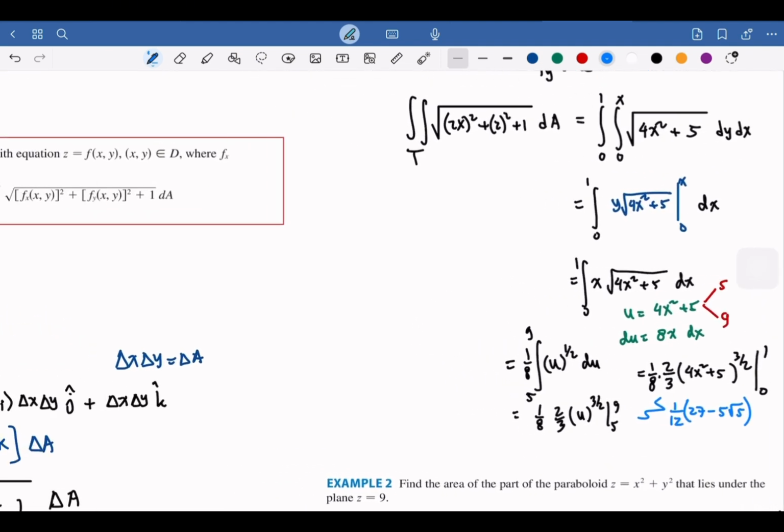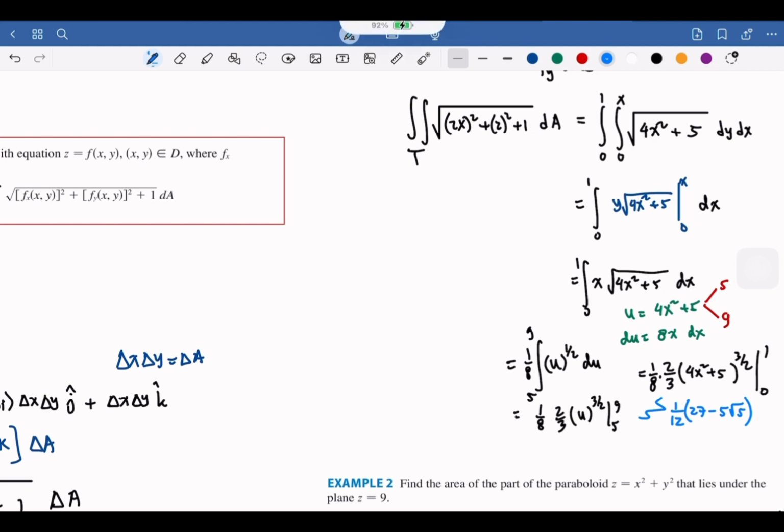Okay. As I mentioned at the early beginning of our class, the last part of the content in Calculus 2, which is the partial derivative and the multiple integral, will be the backbone, the main content.